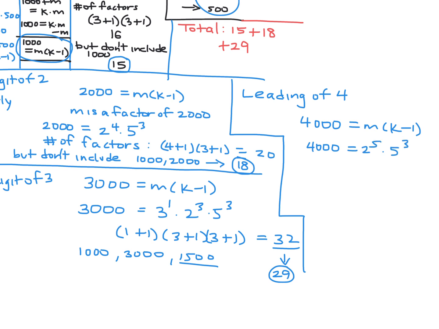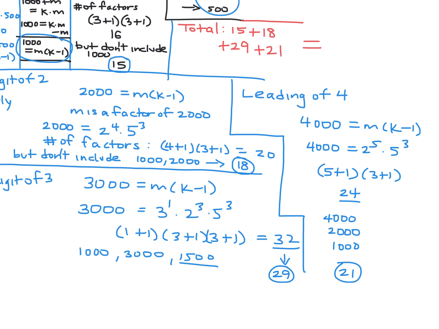So the number of factors would be 5 plus 1 times 3 plus 1, which is 6 times 4, which is 24. But we got to get rid of some stuff. We got to get rid of 4,000, 2,000, and 1,000. Anything else? I think that's it. So if you get rid of those three from this 24, you get down to 21. So 21 is the final piece of the puzzle. And when you add up all those, you get 83. So 83 is the final answer.